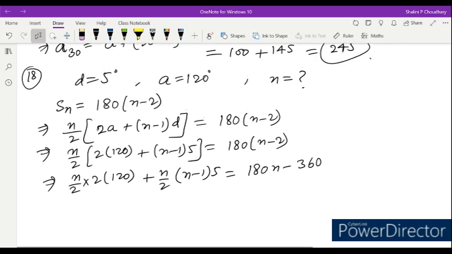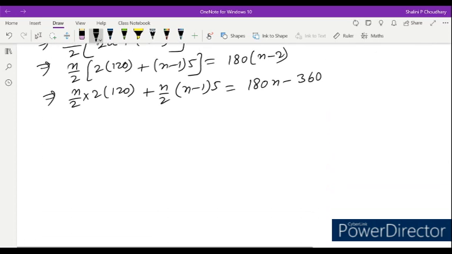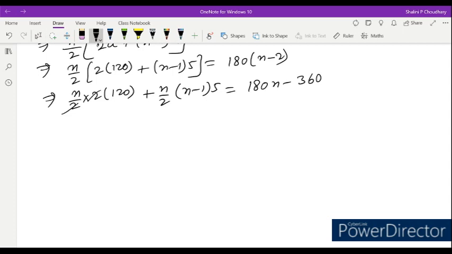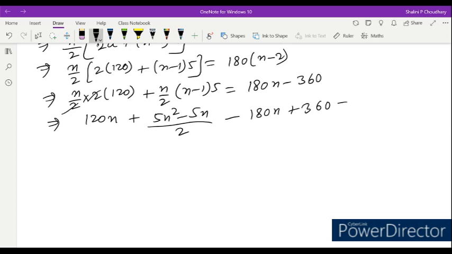Okay, what do we have to find out? The value of n. So this cancels. So what value will we get? We'll get 120n plus 5n square minus 5n upon 2, and this will be equal to 180n minus, okay, we can take this side, so it will be 180n plus 360, this will be equal to 0.